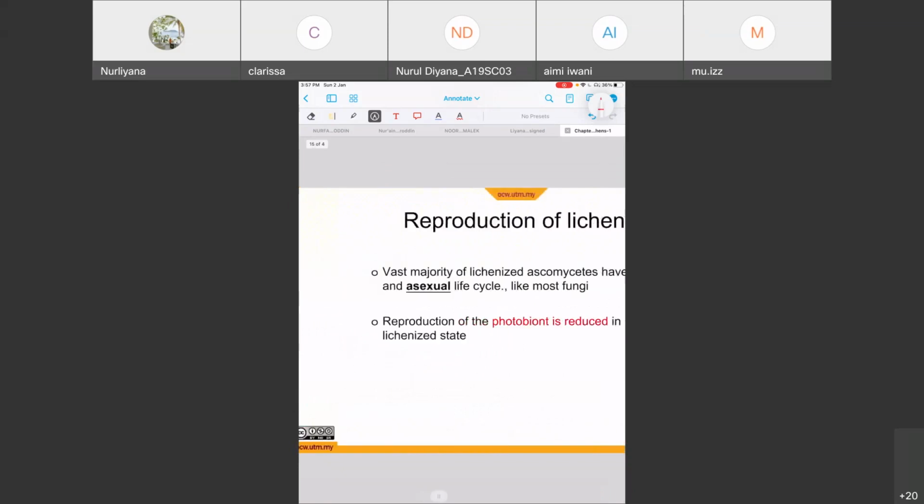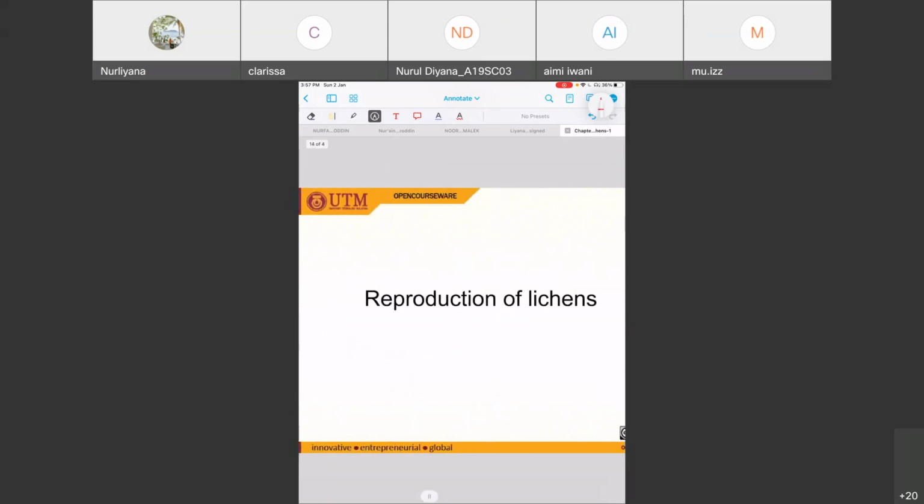So, reproduction, if I recap, reproduction of algae, how many types of reproduction of algae? Do we have 2 or 3?